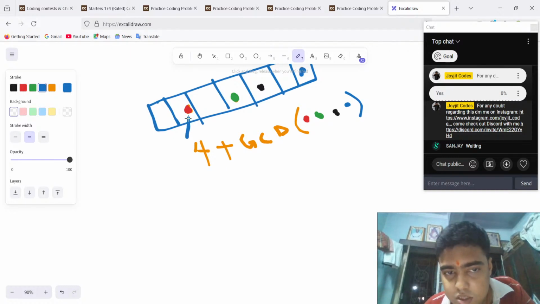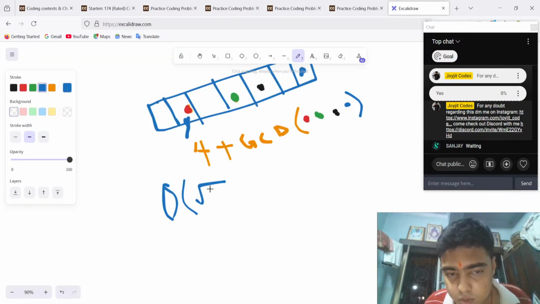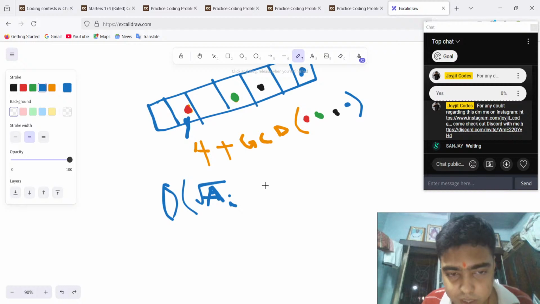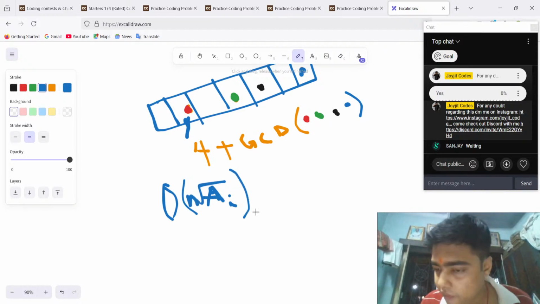You can find the divisors of a number in big O of square root of n. So over here it is big O of square root of A[i], and since you're also traversing through the array, it is going to be big O of n times square root of A[i].